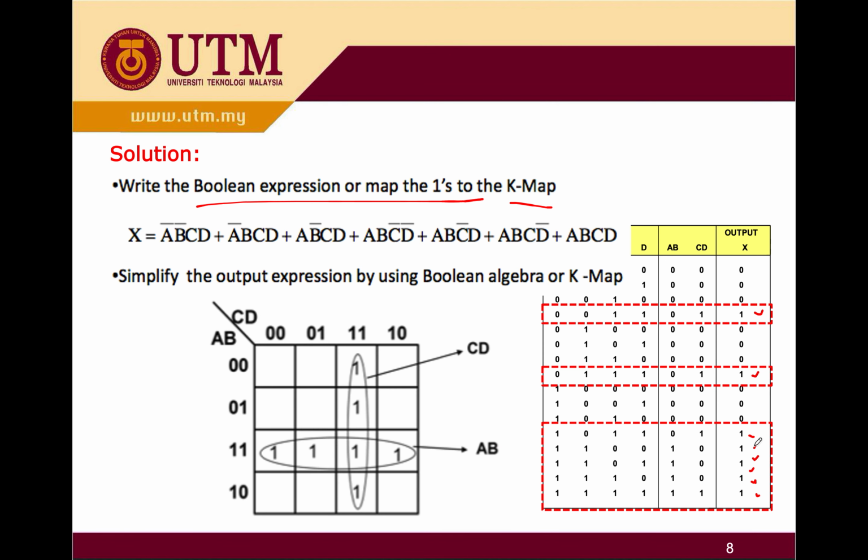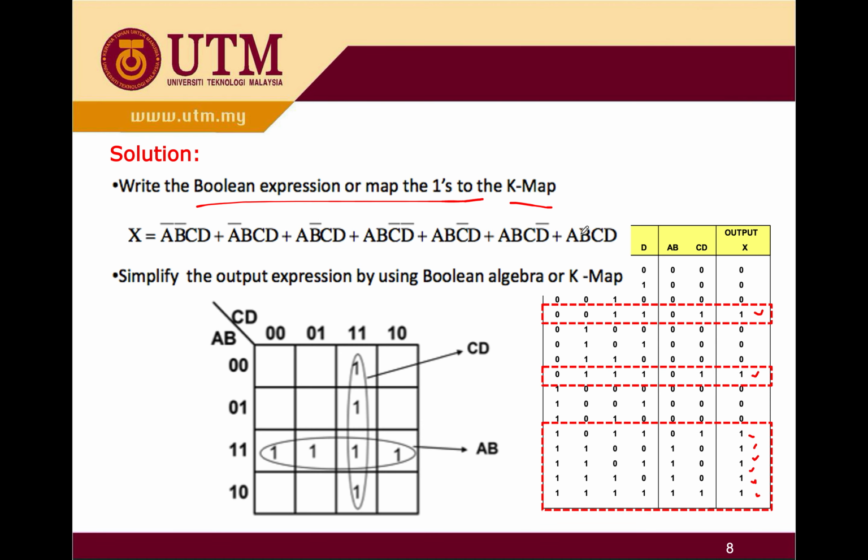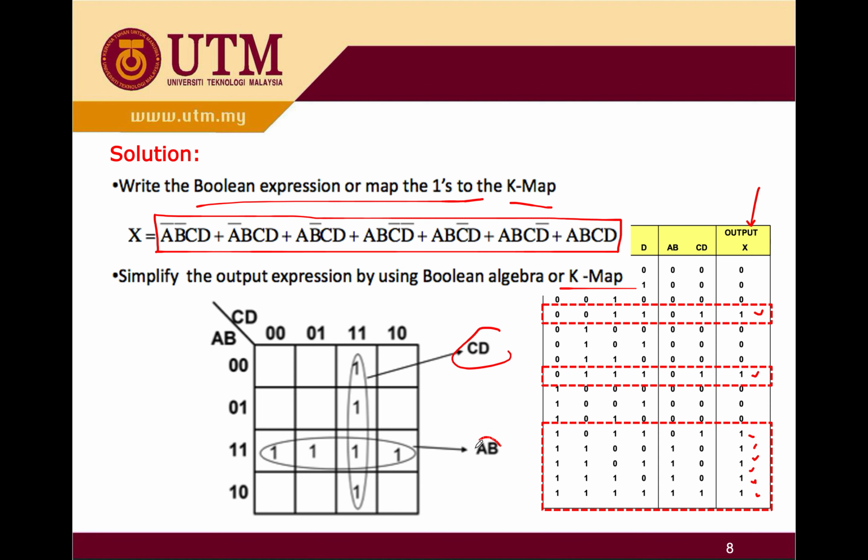And you will get AB plus CD if you draw it correctly. So basically this is the long equation for your output X, but after you use the K-map you simplify it and you will get only AB plus CD for your X.